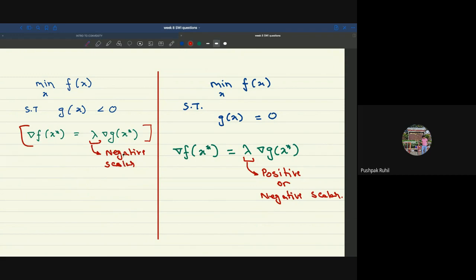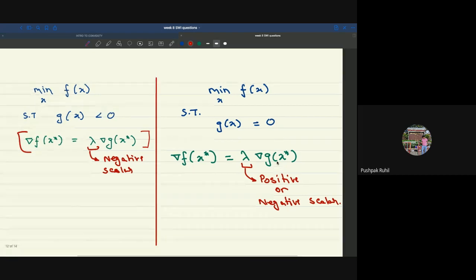The restriction on this Lagrange multiplier is that we will only allow it to take negative scalar values. But on the right hand side, where we have g of x equal to 0, we can take either positive or negative scalars. This is the difference between both equations. To understand it better, you should watch the lecture, where Arun sir has explained it using some graphs, why this needs to be there.